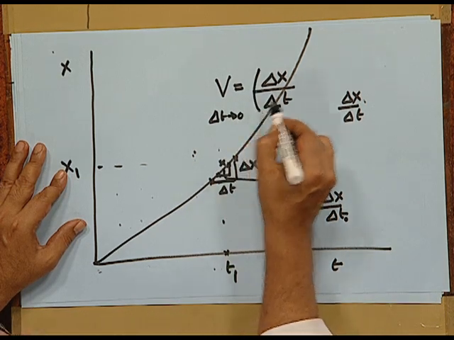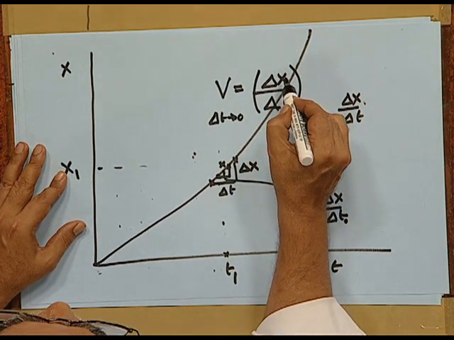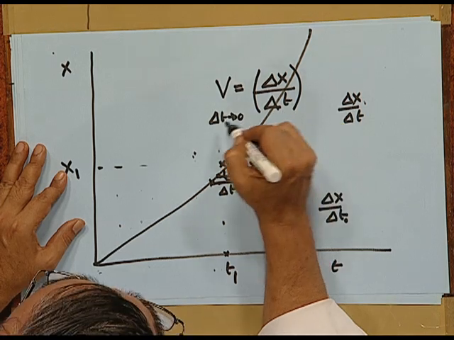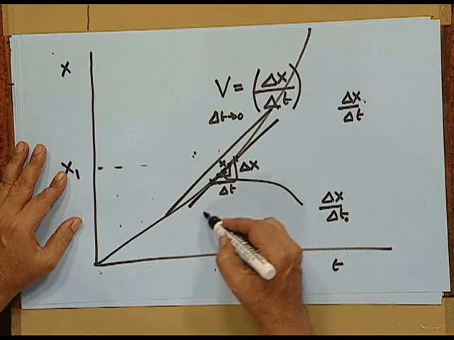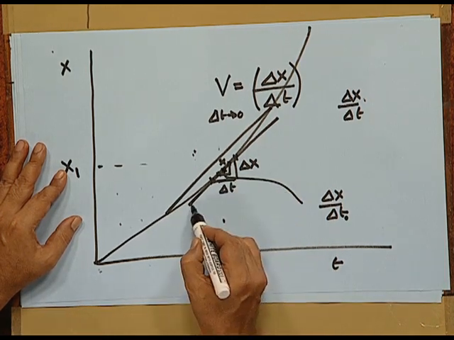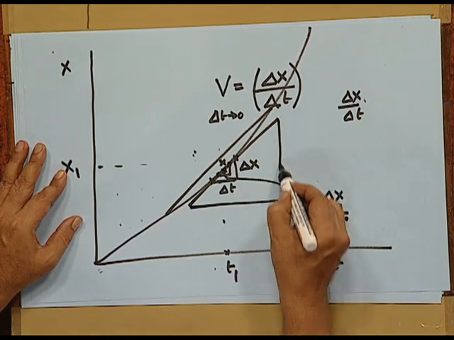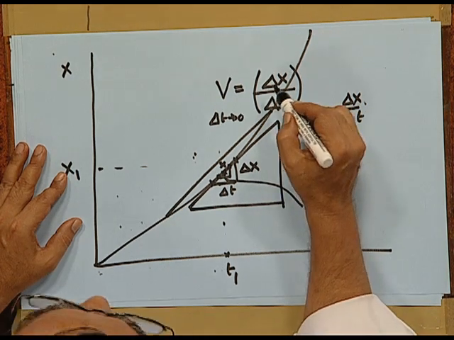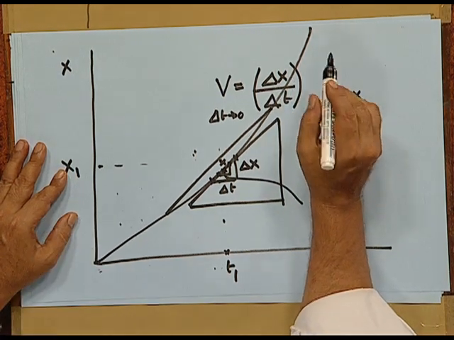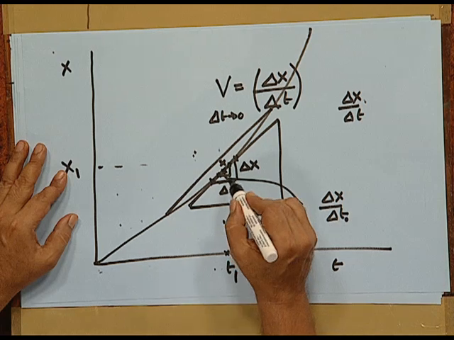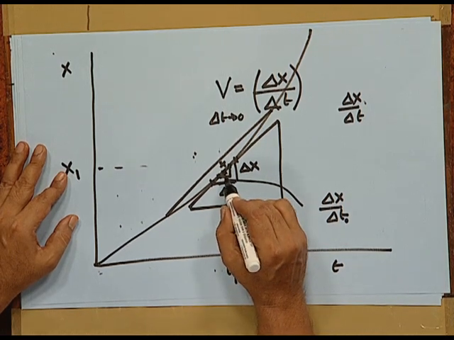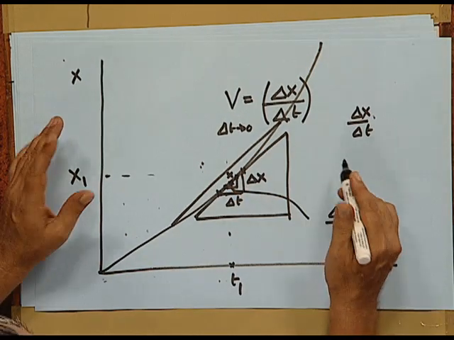In the graph, if this is the slope, then as you make the interval smaller and smaller and draw a line, it becomes a tangent, and the slope of the tangent is what we mean by instantaneous velocity. The slope of a tangent drawn to the curve at point P, whatever the point, gives the instantaneous velocity.